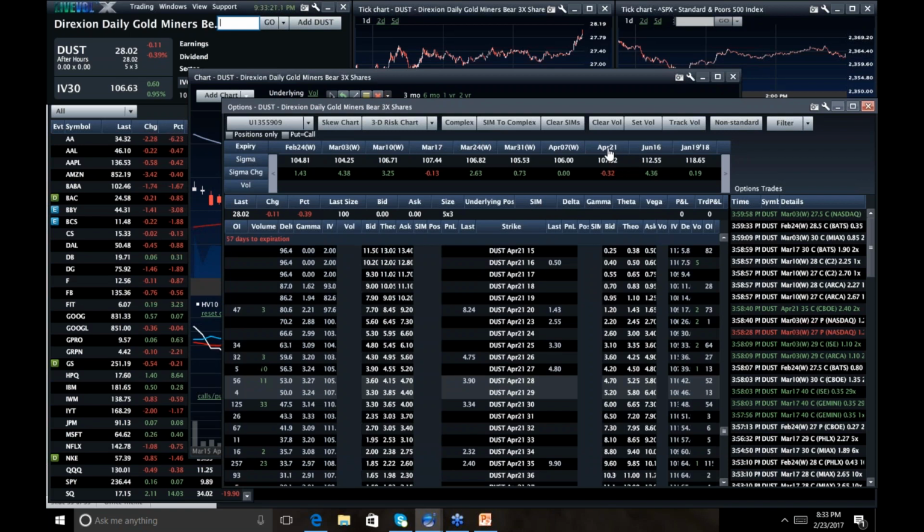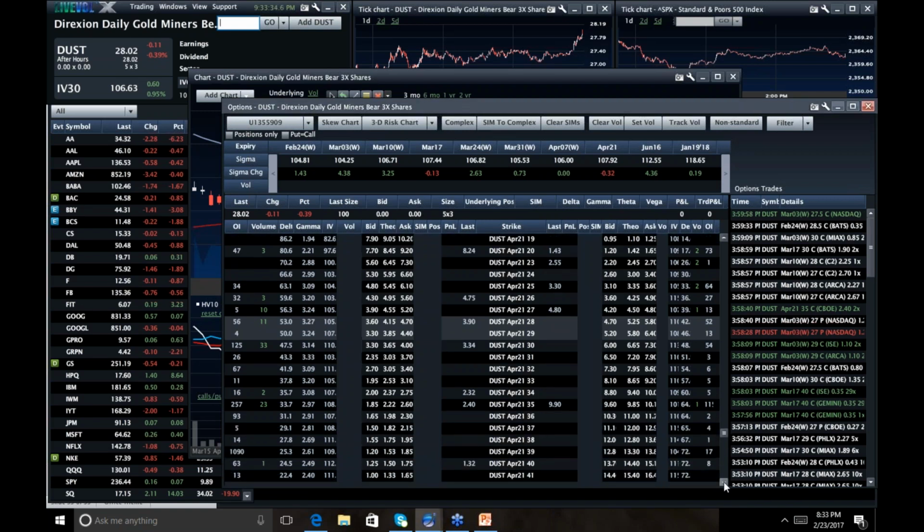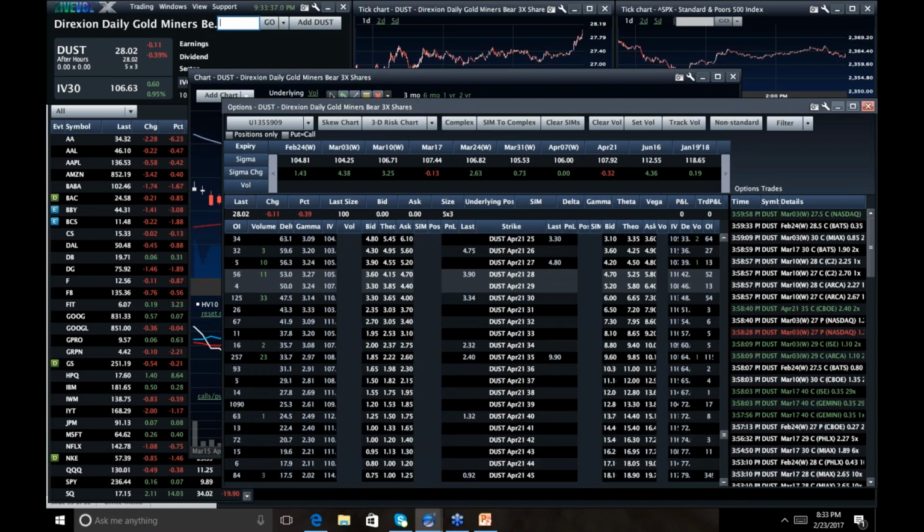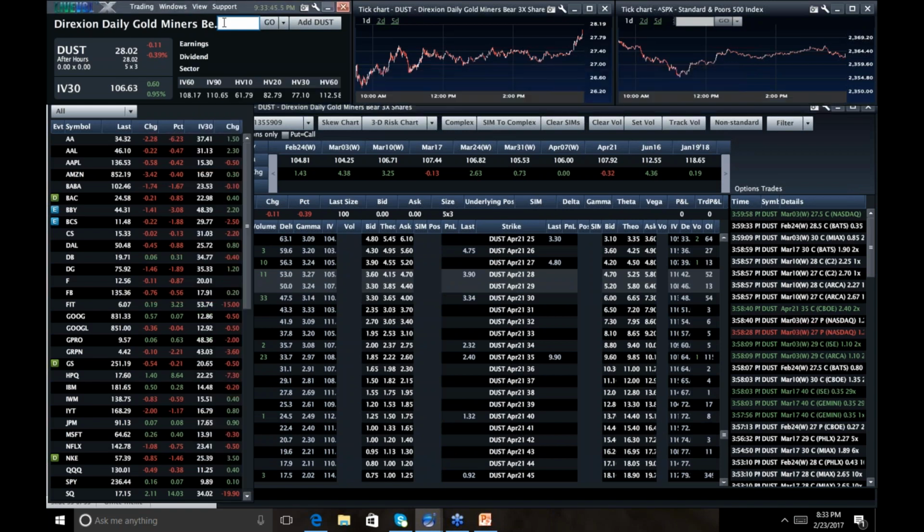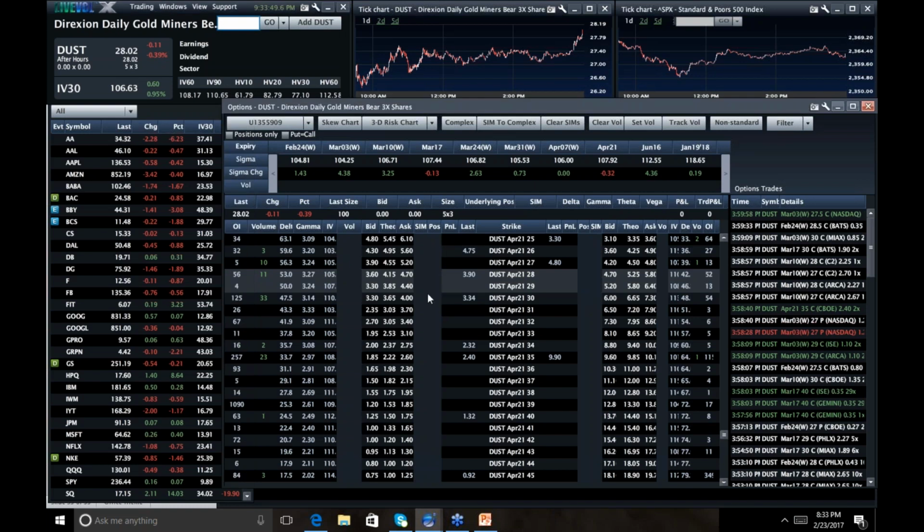That's a little wide there. Let's see if I can find something that has relatively tight markets. So you can get things done in Dust. It's obviously not the most liquid, but well, let's try and put something together.